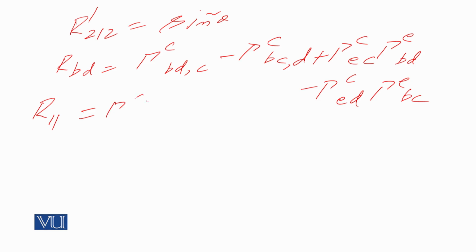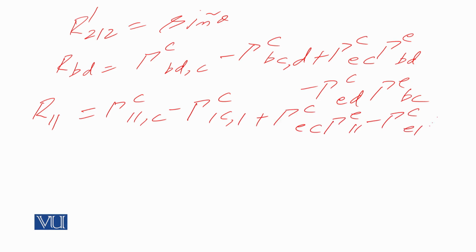So Γ^c_11,c minus Γ^c_1c,1 plus Γ^c_ec Γ^e_11 minus Γ^c_e1 Γ^e_1c. Now we have the following choices.